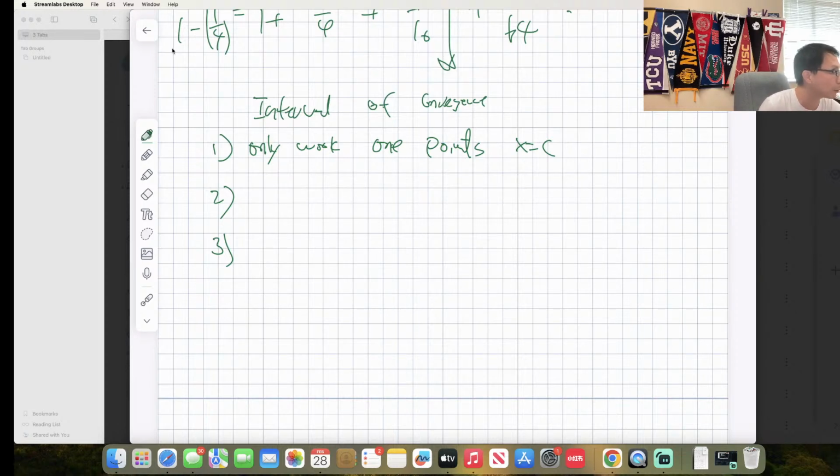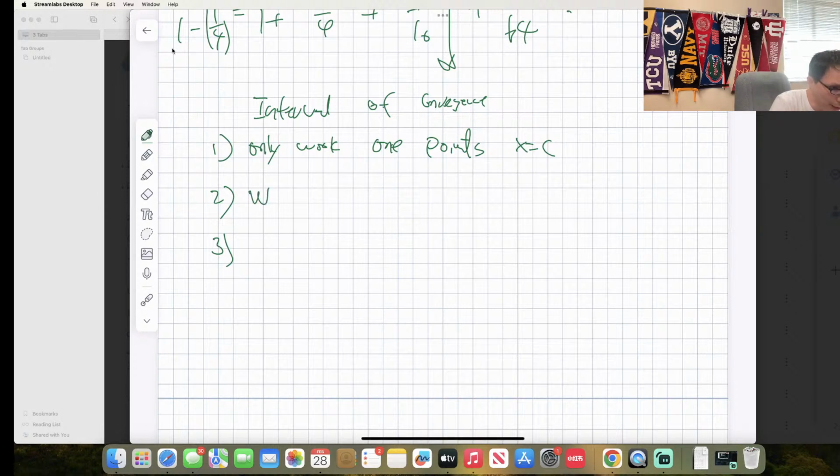Only that point works. Any other point is going to diverge. Yeah, let me finish everything. You didn't plug in all the terms. So that's only after you plug in all the terms. Right. Okay. Only works at 1 point.